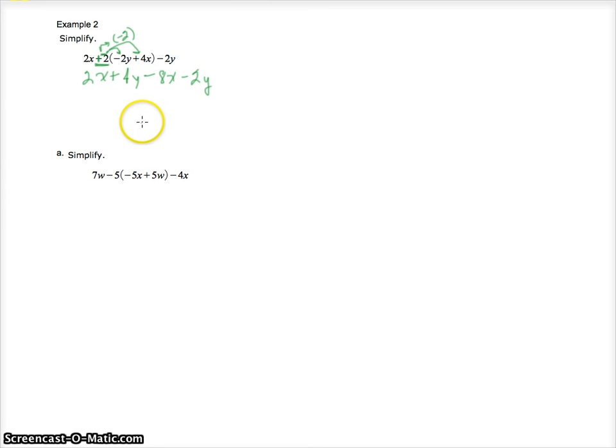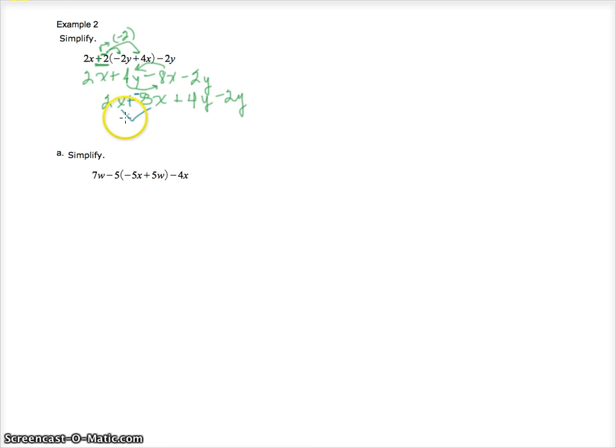Now I can combine my like terms, so I'm just going to rewrite using the subtraction and addition signs. I'm going to move my terms where they need to be. So I have 2x minus 8x, and I'm going to switch my 4y and my minus 8x around real quick. Plus 4y minus 2y. 2x minus 8x, we'll have to do keep, change, change again. 2 plus negative 8.